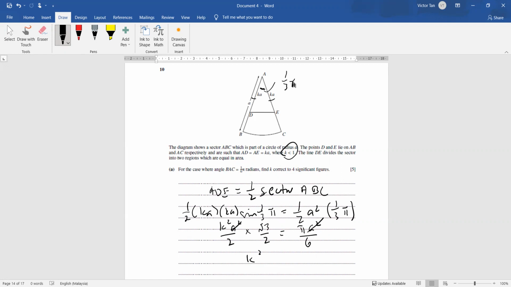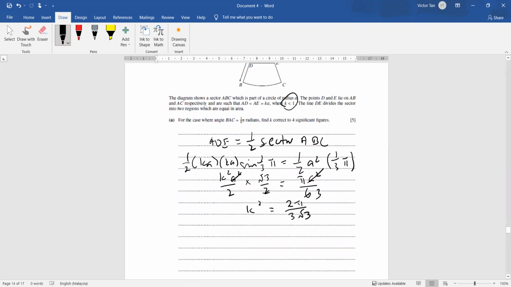Okay, you can cancel off the A. K square equals, we can cancel this, we get 2 pi over 3 root 3. So K is a positive value. K equals the square root of your answer, which is 2 pi over 3 times root 3, square root the whole thing.